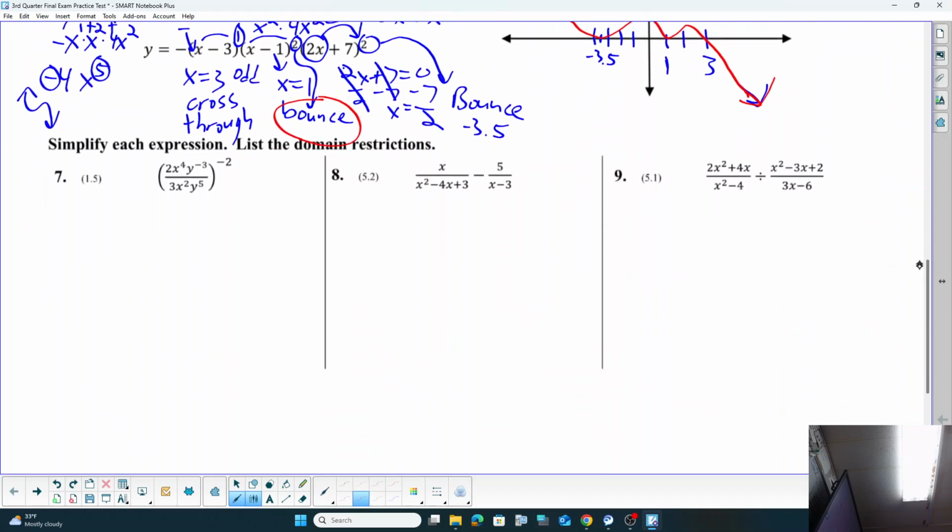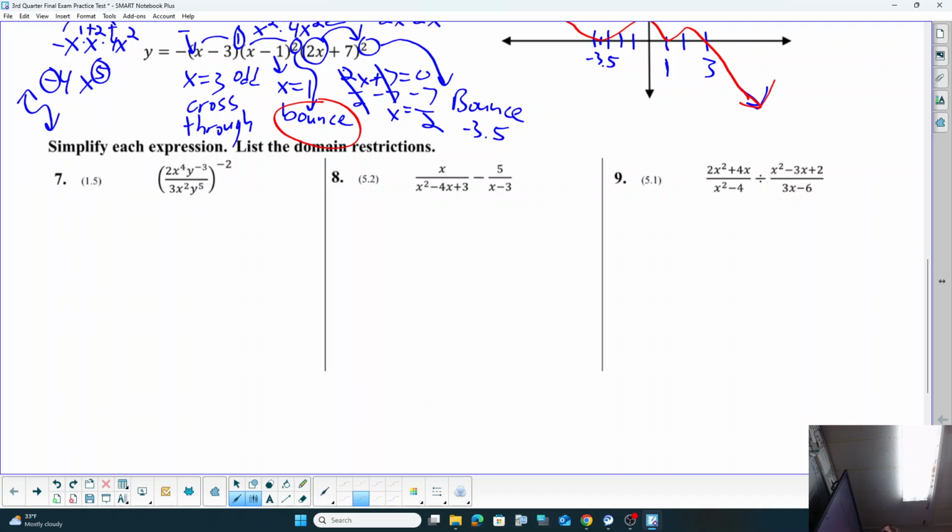Nice. Okay, do you remember how to do this? Oh man. Hope we don't put this on the final exam. Could you do this on the final exam? You're going to have to distribute that negative 2 to everything. That's nuts. So that's going to be invisible 1. And so negative 2 times the visible 1 is negative 2.